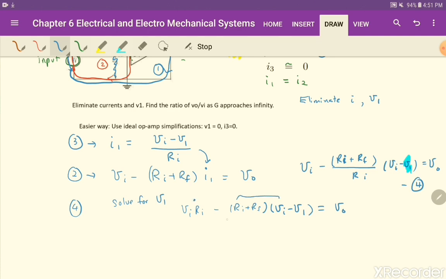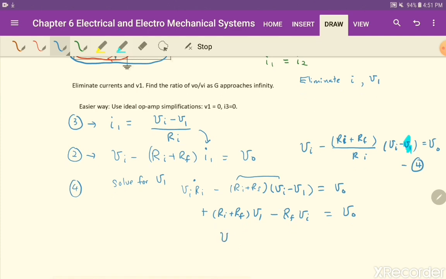Okay, this will go away. And you'll have minus RI plus RF times V1. And then you have a RF times VI equals V0.